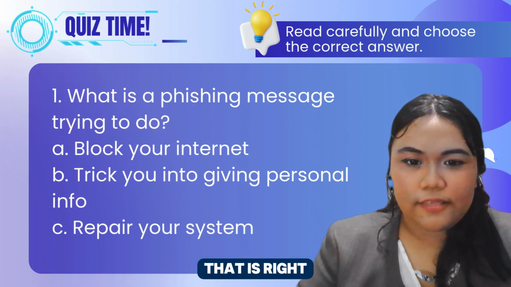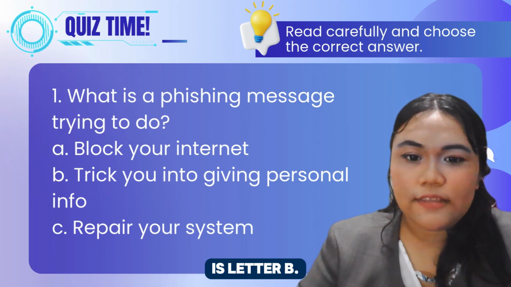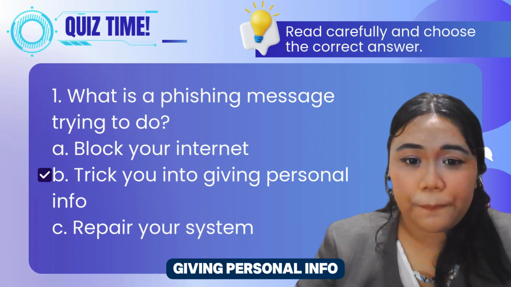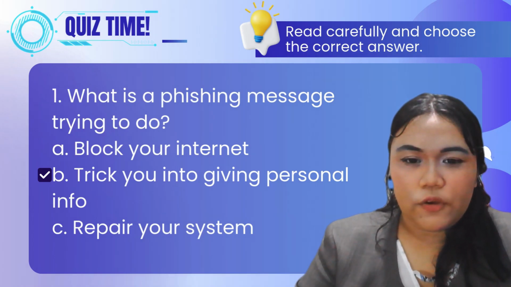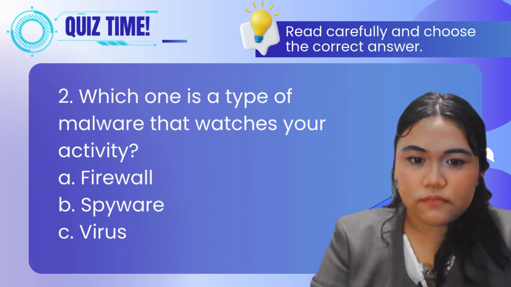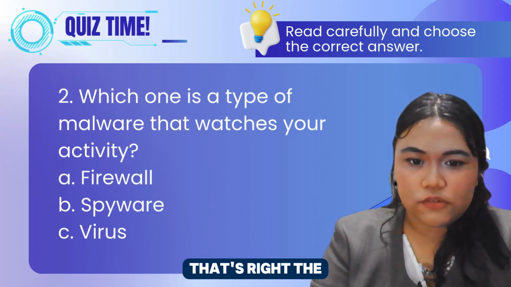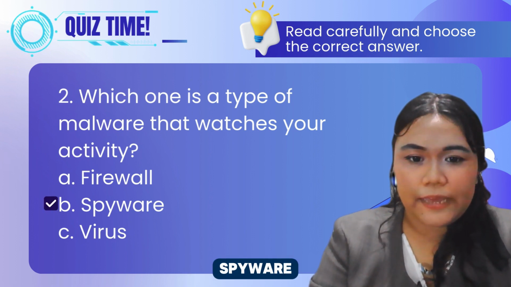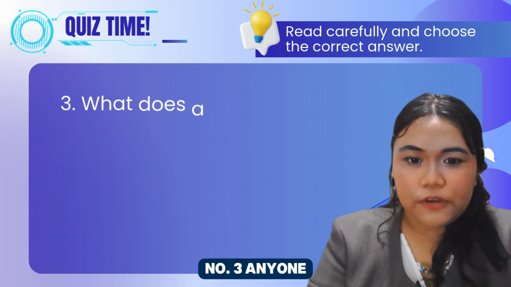That is right. The correct answer for number 1 is letter B, which is to trick you into giving personal info. Okay, how about for number 2? That's right. The answer for number 2 is letter B, spyware. Number 3, anyone?